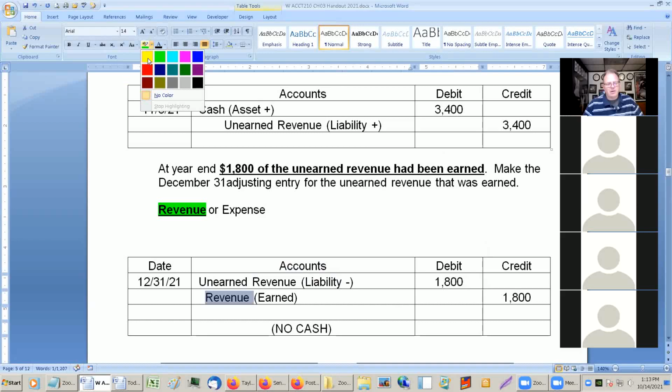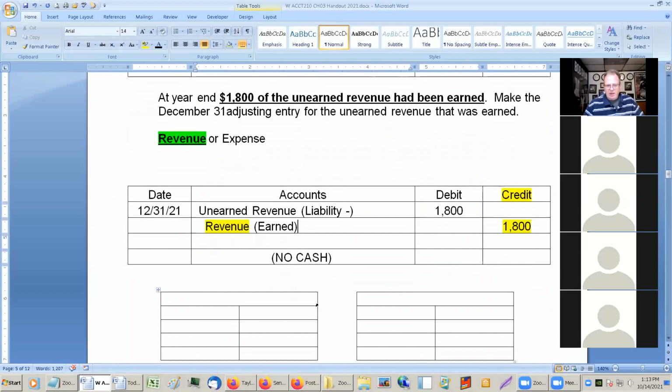Is the unearned revenue 1,800 or 1,600? Good question. We will have 1,600 left in it. When we do the T accounts, you'll see, but we have actually earned the 1,800, so pick that up as earned revenue. Here's the unearned revenue.